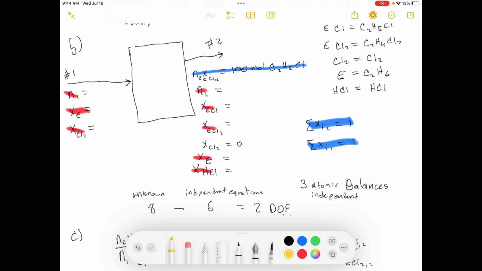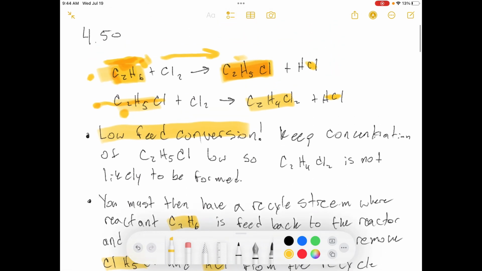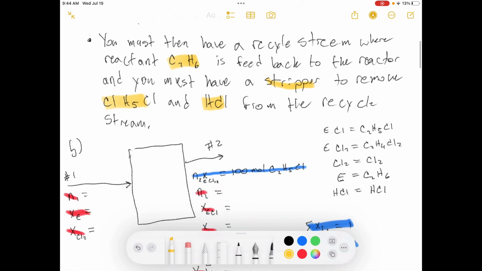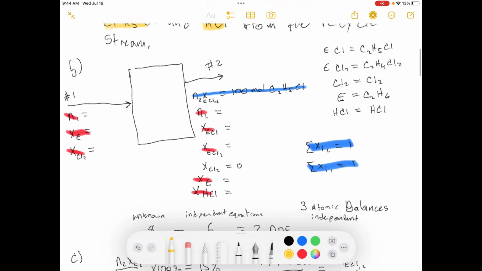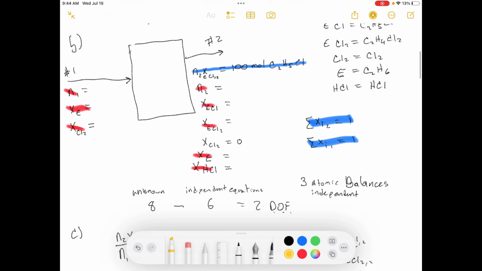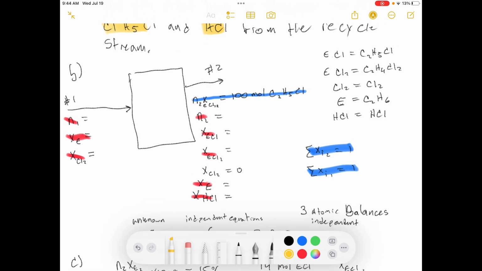Well, when we have a reactor that has actual chemical reactions going on, you can't do just pure species balances because you have consumption and generation terms, right? So you don't have independent equations based off of your components anymore.